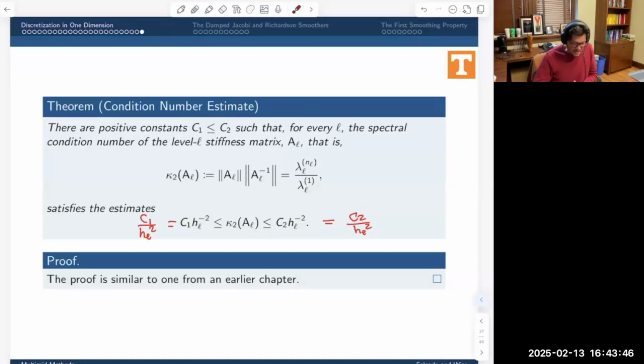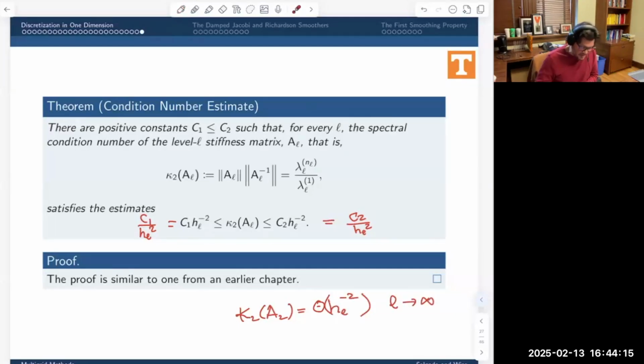So this says that the condition number is basically asymptotic to h_L to the minus 2 power. And we usually use some sort of asymptotic symbol. The one we chose to use is something called big theta, as L goes to infinity.